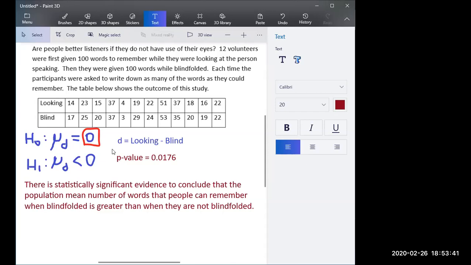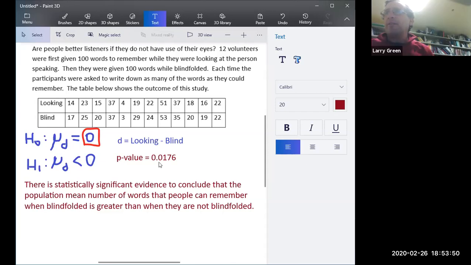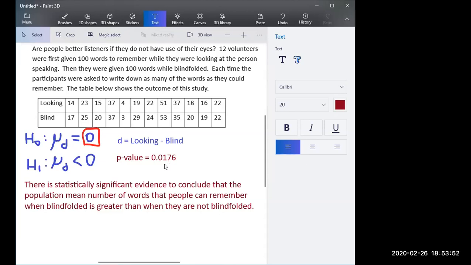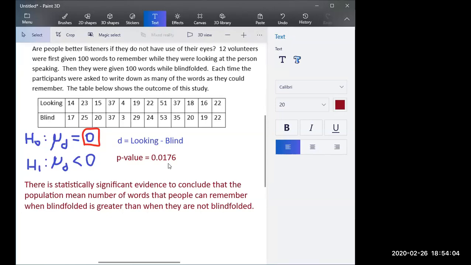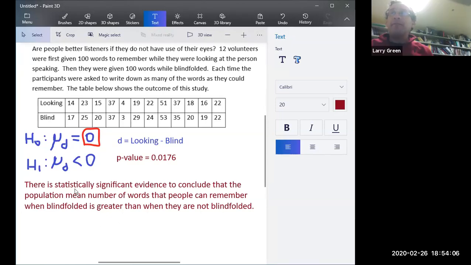You're looking for the p-value because they could be answered either way, whether it's greater or less, if that makes sense. Are you looking at the 0.0176? Is that what you mean? Yes. And you're saying, is that big or small? Well, as far as your conclusion, you're only really looking for how we're going to explain the p-value, right? Well, this is not explaining the p-value. This is the conclusion. Okay.